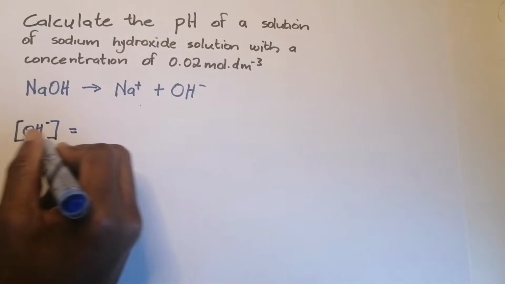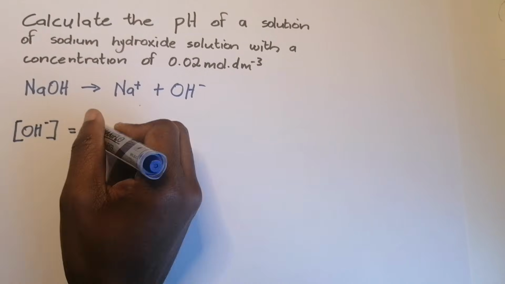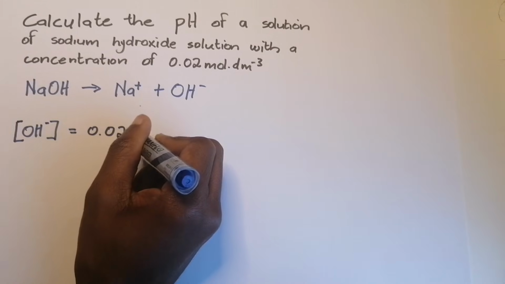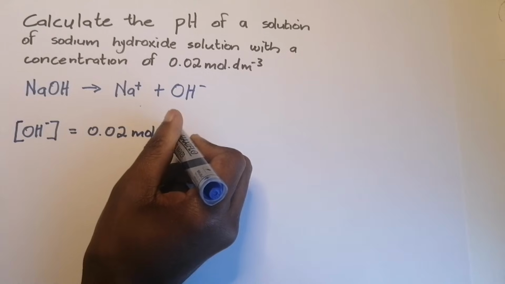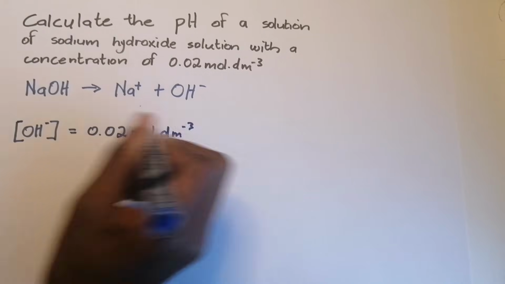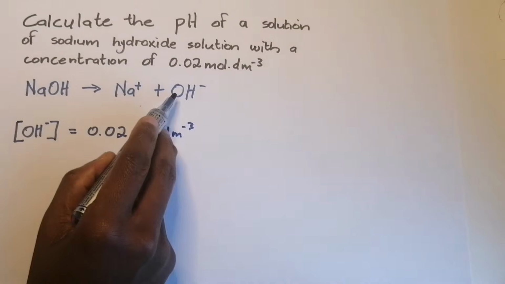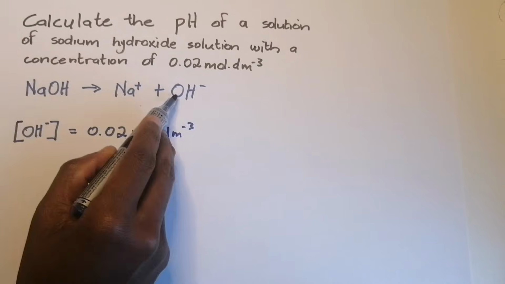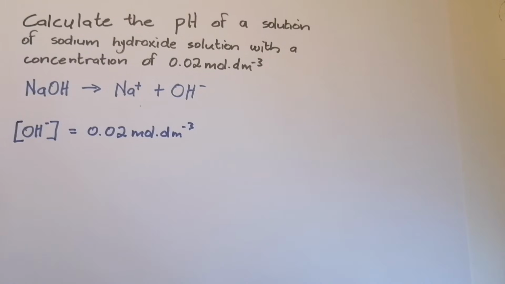So the concentration of my hydroxide ions would be equal to 0.02 moles per cubic decimeter. Whatever the concentration of this one is, it will be the same concentration for hydroxide ions as well.